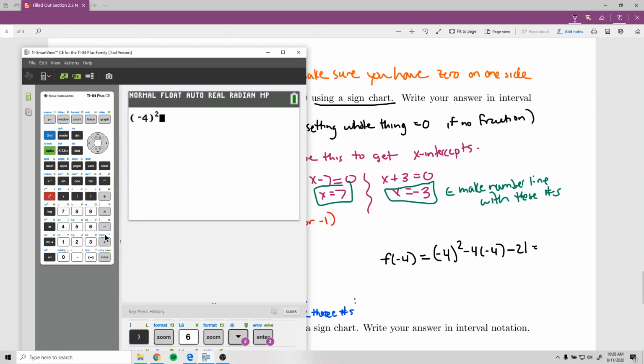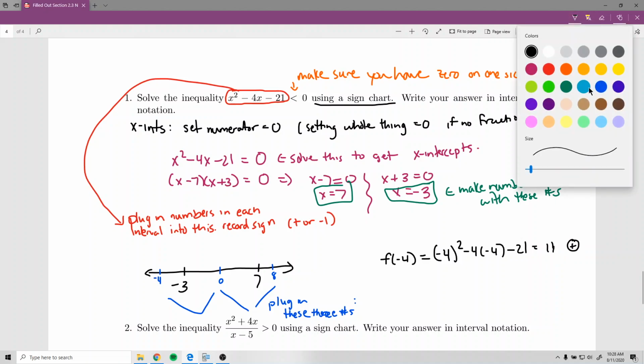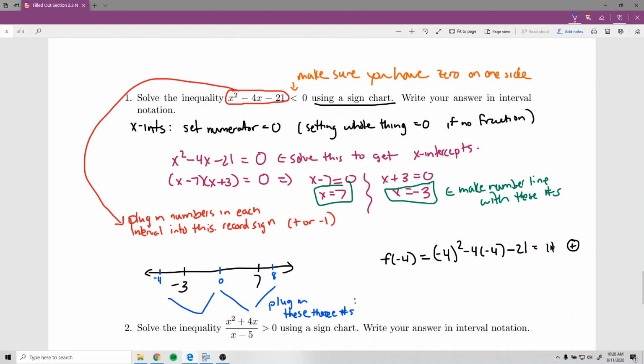So we got negative 4 squared minus 4 times negative 4 minus 21, which is 11. And what we care about is this is positive. So what I'm going to do on my sign chart, where when I plugged in negative 4, I got a positive number, I'm going to put a plus above it.